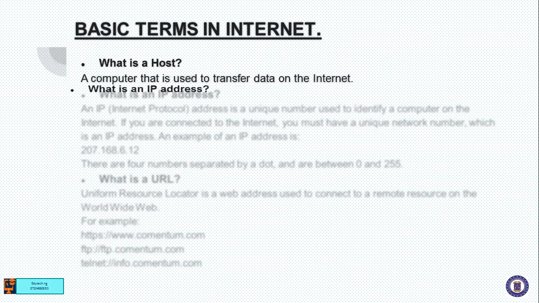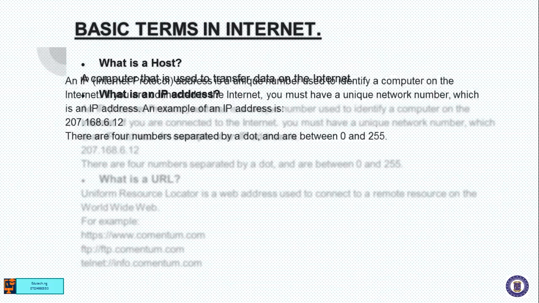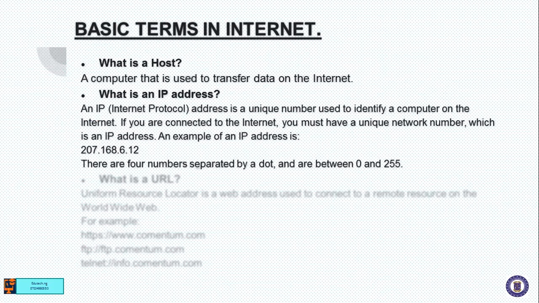The second one is, what is an IP address? The full meaning of IP is Internet Protocol. An IP address is a unique number that is used to identify a computer on the internet.